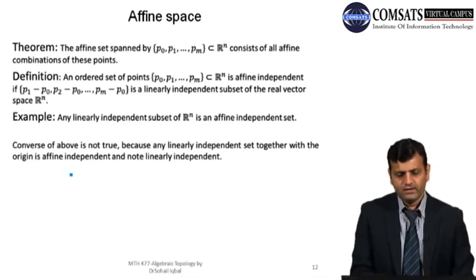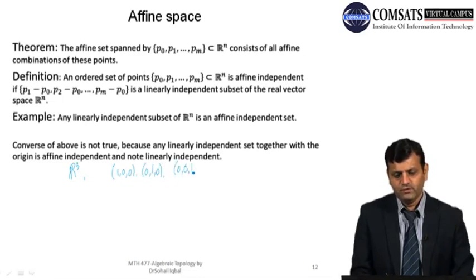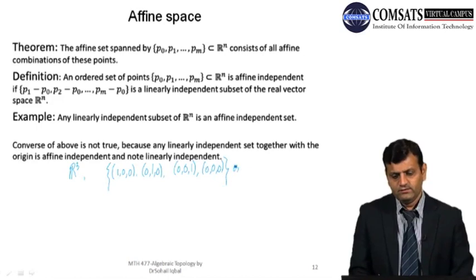For example, in R3, if I take 1 0 0, 0 1 0 and 0 0 1 and another point 0 0 0, this collection is not linearly independent as a vector space.